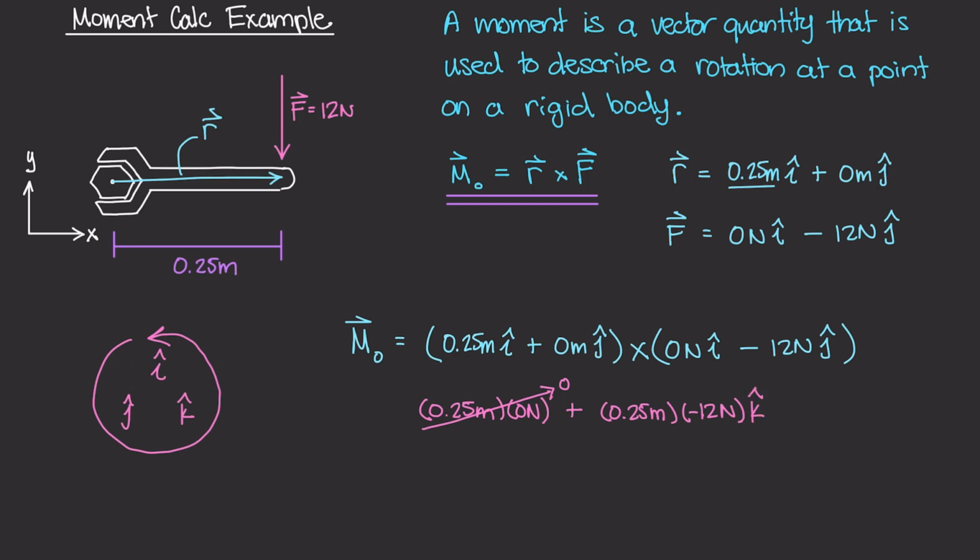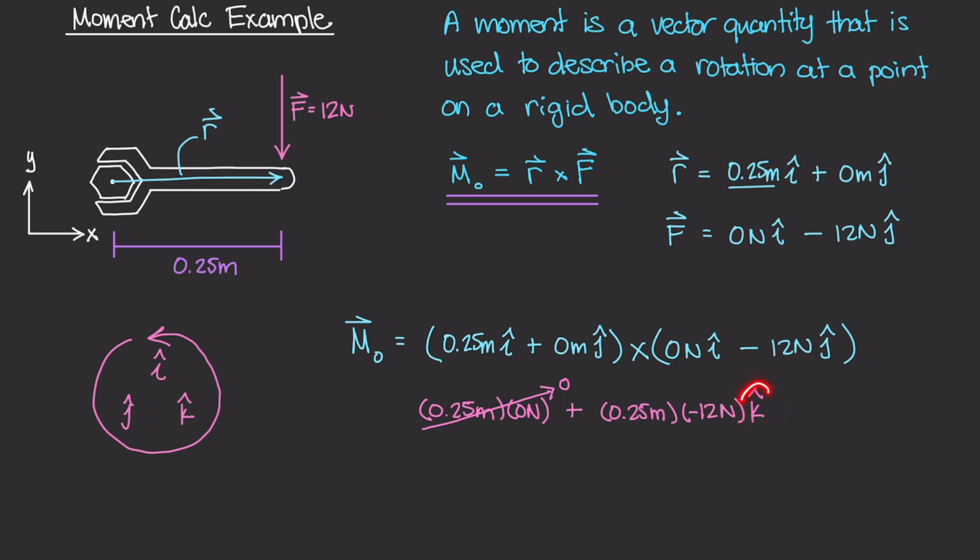Now you might be saying, well, we have this negative term right here, and that is true because you're multiplying this scalar quantity times this scalar quantity. But the unit vectors in both of these terms, i and j, is what gives us k.